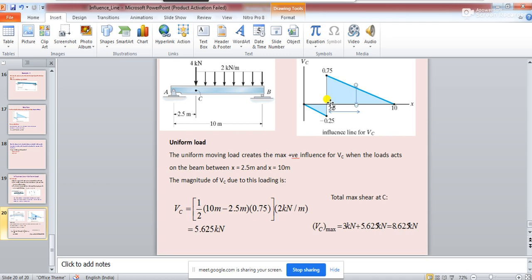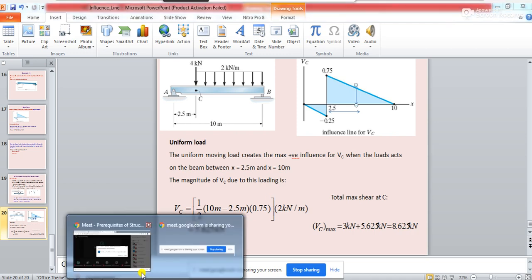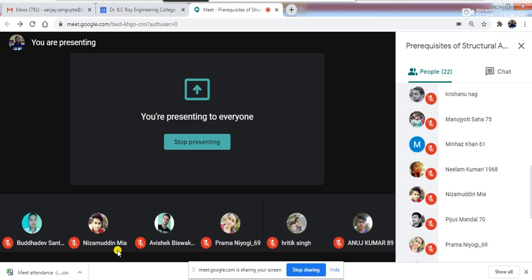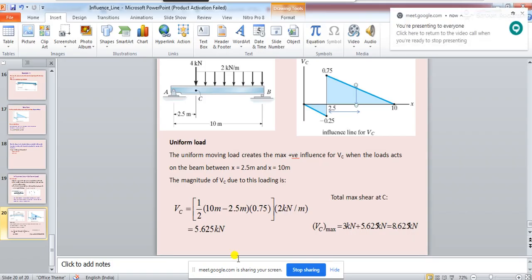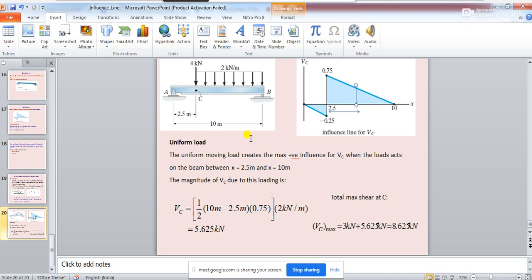You will have to just get the value of the area of the influence line diagram on which you are placing this uniformly distributed load, and just multiply with the value of the uniformly distributed load. That is going to give you the value of the function, that is either shear force or bending moment or reaction.